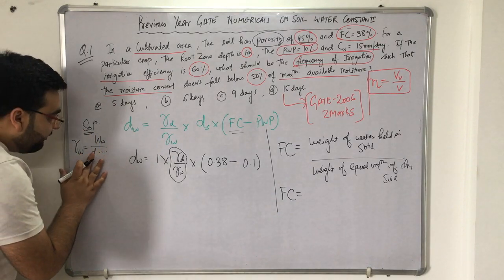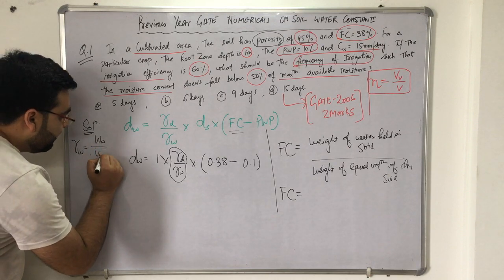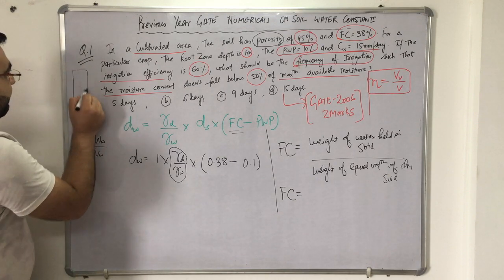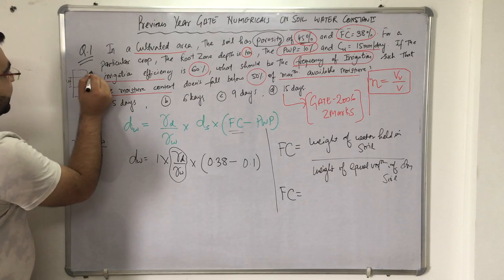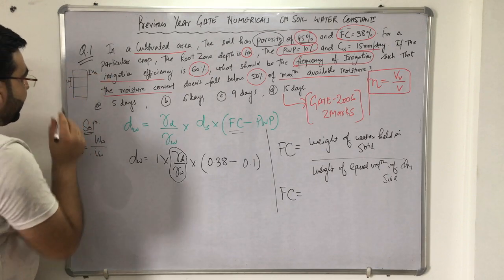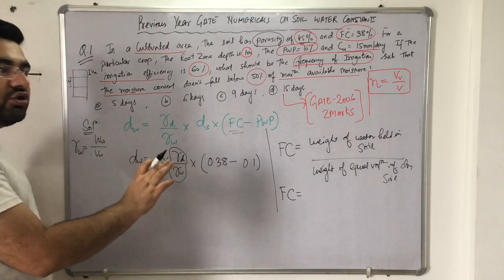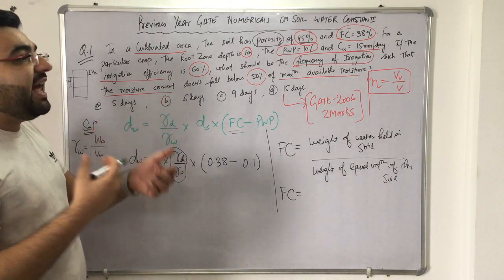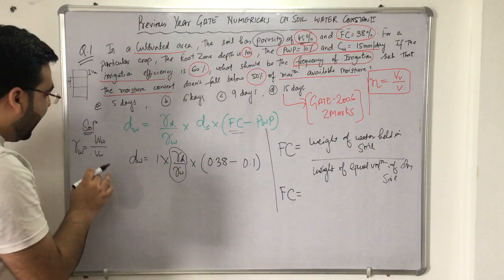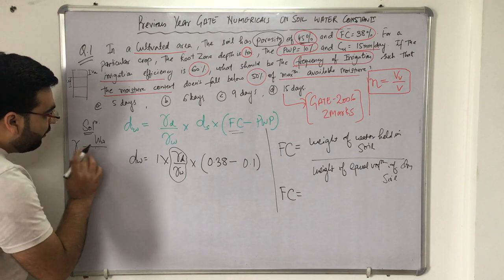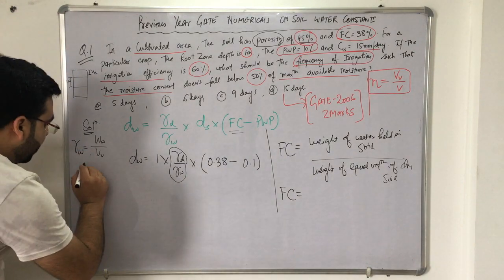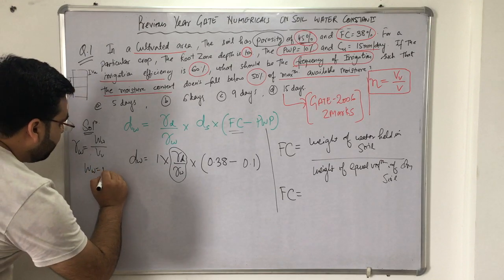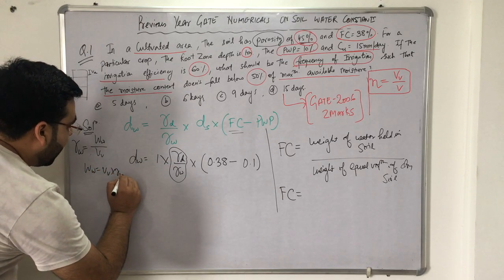But this is actually the volume of water, and for example, this is a three-phase system, so this is the volume of water and this is the volume of air, right? In this numerical, the volume of air has not been mentioned. So we will take the volume of water to be equal to the volume of voids. Now the weight of water will be equal to volume of voids into gamma of water.